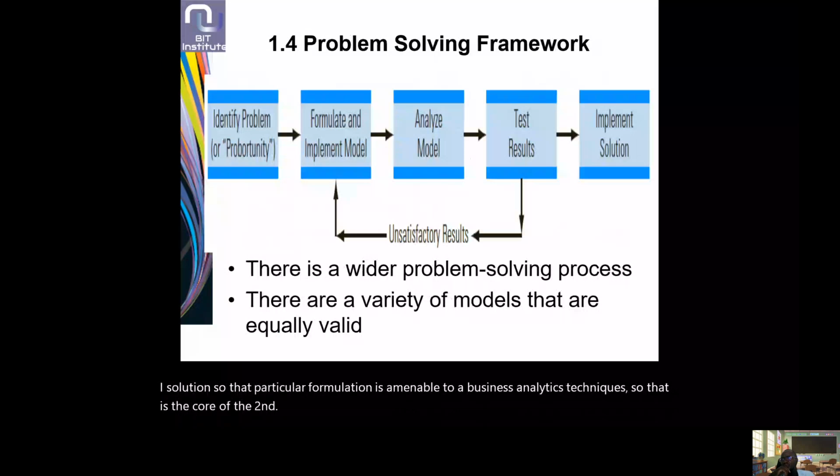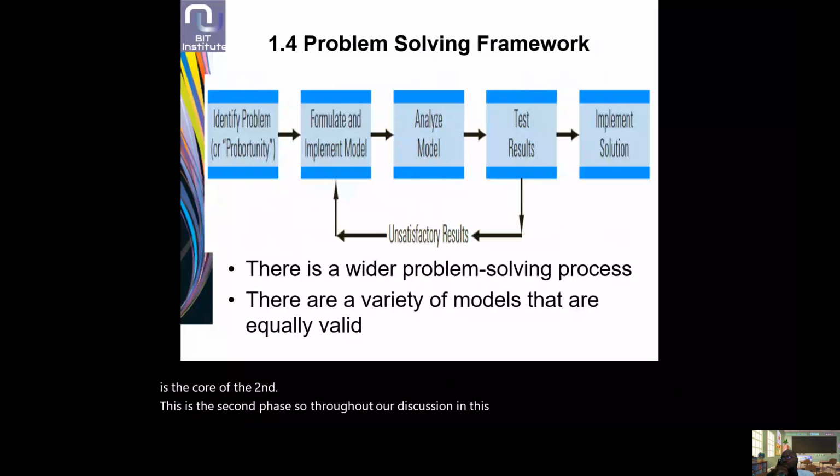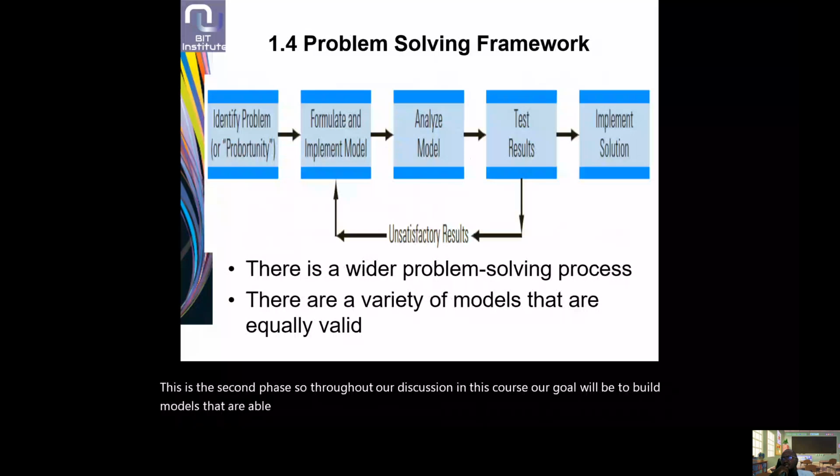Throughout our discussion in this course, our goal will be to build models that are able to assist managers in making decision problems. So obviously the first step is to identify that problem or opportunity.